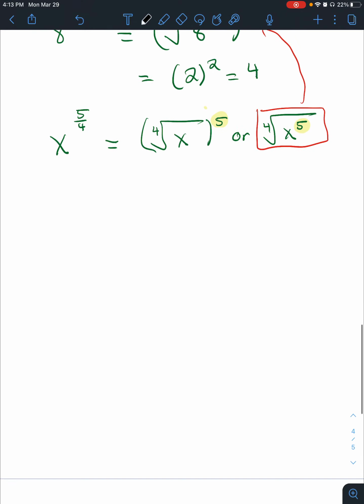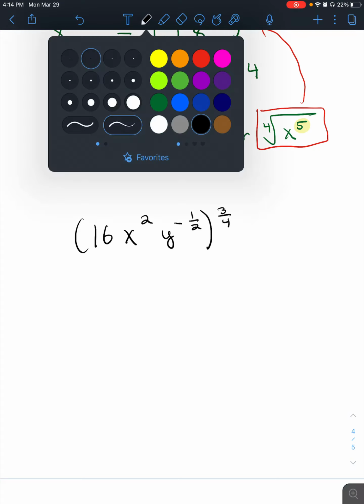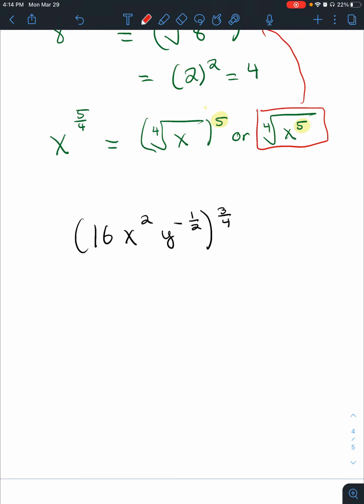So let's say that you had something like this, and let's say this is to the power of 3/4. First thing I'm going to do is give a 1 to the 16.